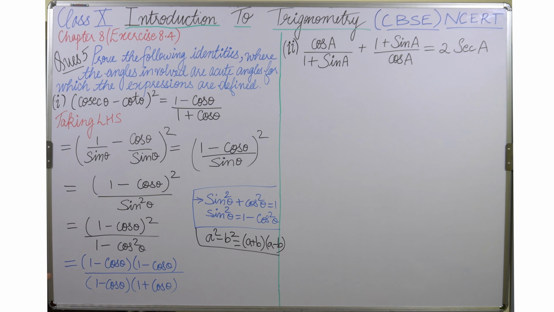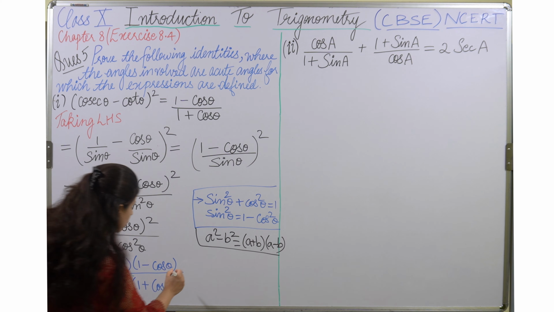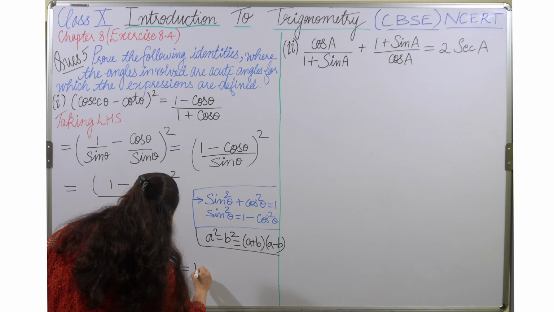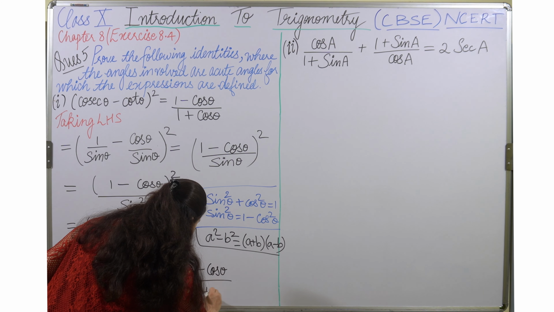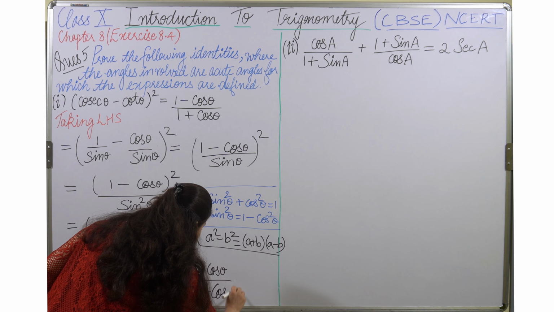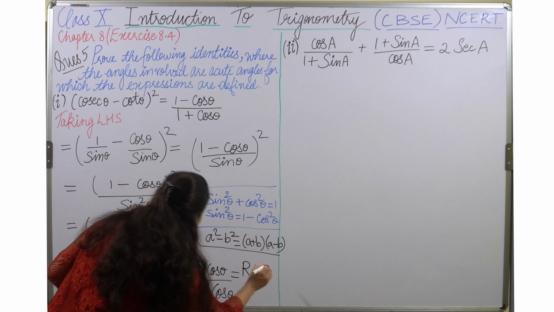From here, 1 minus cos theta and 1 minus cos theta will get cancelled because they are the same value. So we are left with (1 minus cos theta) upon (1 plus cos theta), which is equal to our RHS.